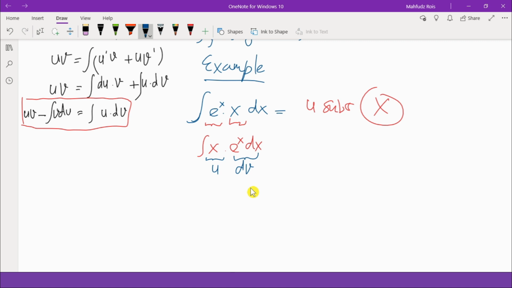Of the two functions in the product, you choose for u the function that we can differentiate until we get 0. For example, if you differentiate x, it will be 1, and if you differentiate 1, it will be 0. But if you choose e to the x as u, when you differentiate, it will always be e to the x infinitely. So that's why we determine x as u.